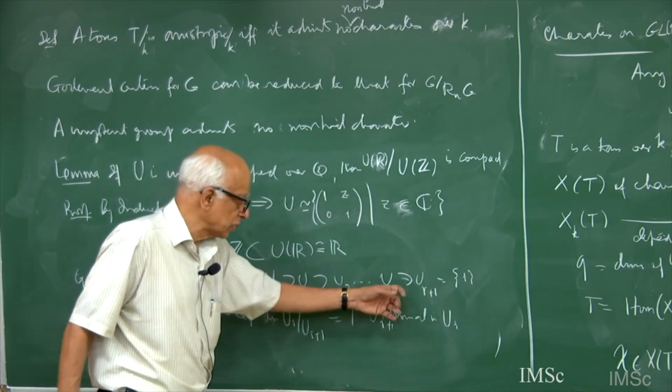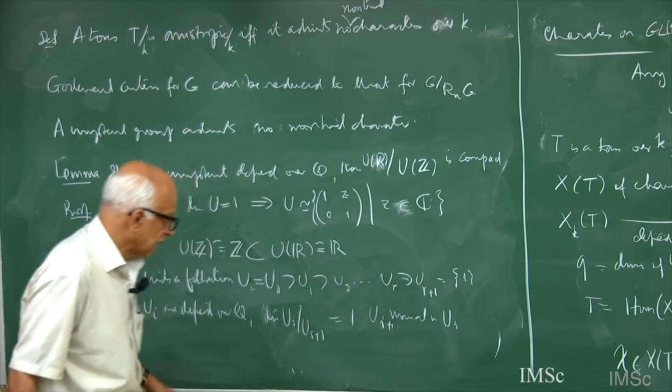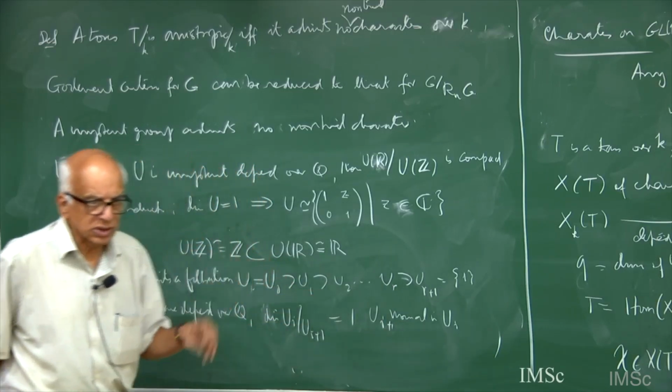A sequence of subgroups, each normal in the preceding, and the quotient one dimensional.